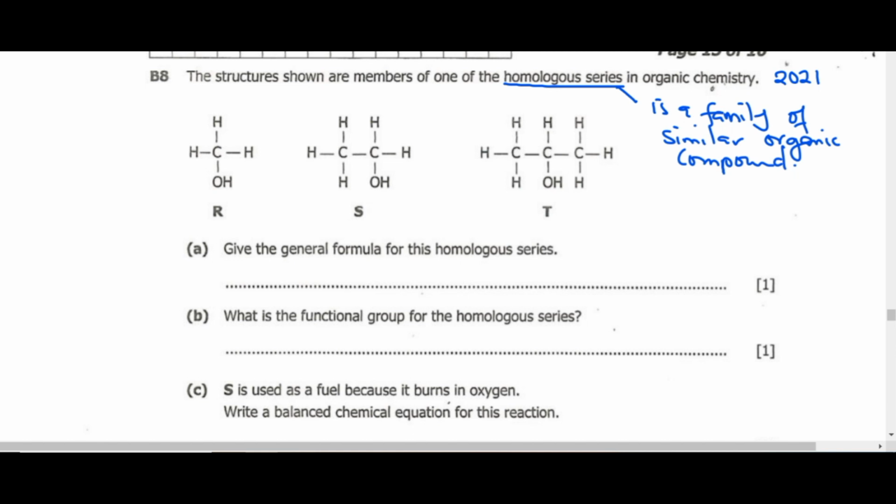Apart from that, the other thing we have to know is that a homologous series is a family, and a family has main family members. The first one is the alkanes, the second is the alkenes, and then we have the alkynes.